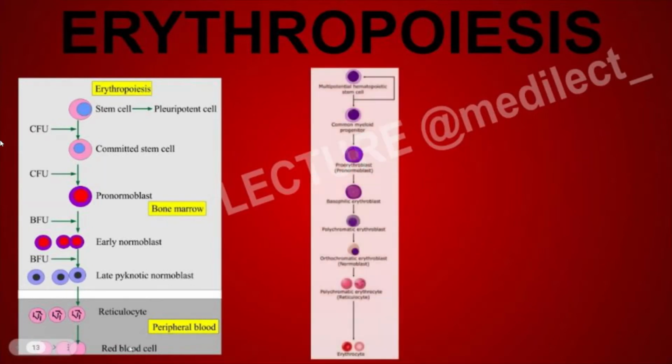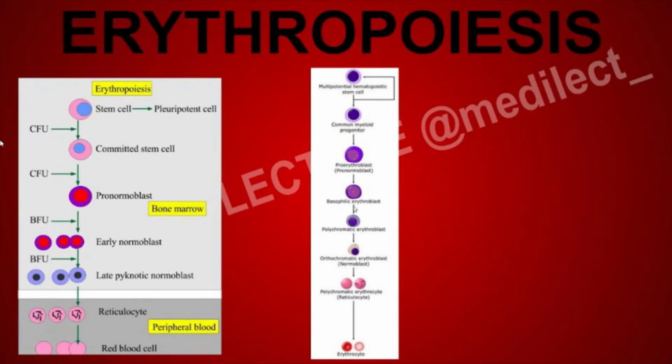Let me show you one more diagram. This is the pluripotent stem cell. Then comes the pronormoblast stage. After the pronormoblast comes the early normoblast, also known as the basophilic erythroblast stage. Why is it called so?